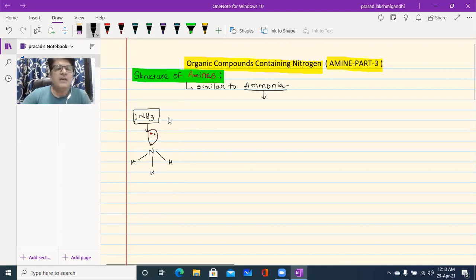So out of these three hydrogen atoms, if you remove one hydrogen atom and add one alkyl group, as we already learned, I am writing it directly here without recording this.